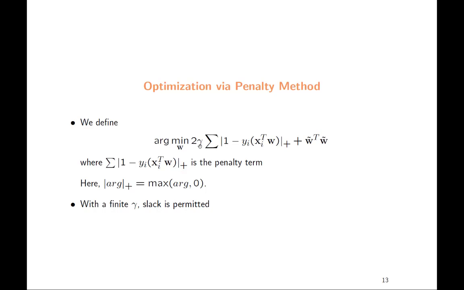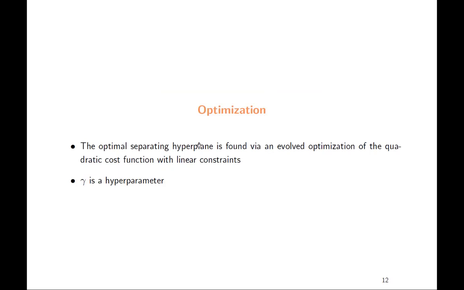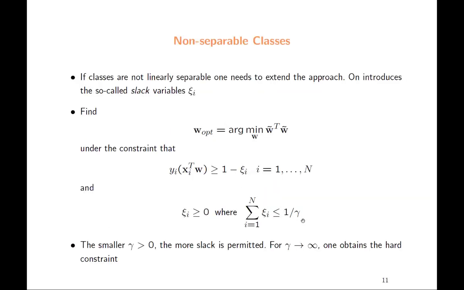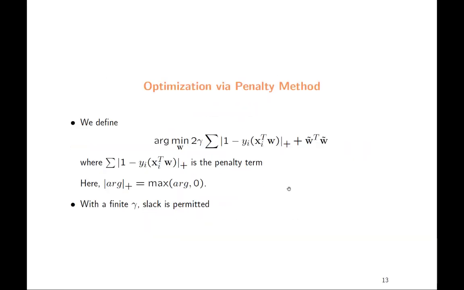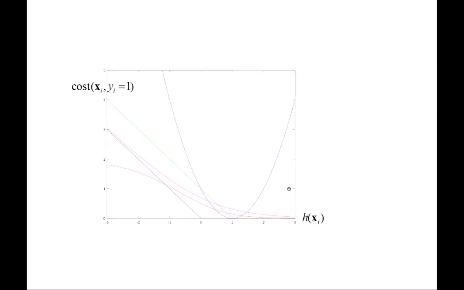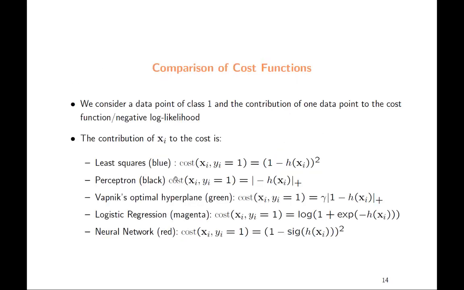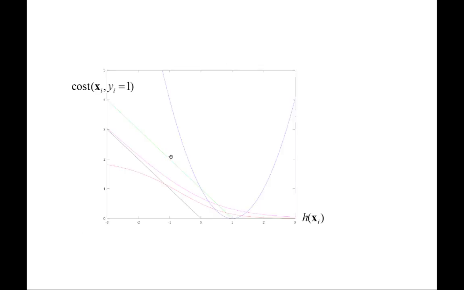If we make it smaller, we allow more slack, because remember gamma was here. If gamma is large, then the sum must be small. Then we compare the different cost function terms for the different approaches, and we see the support vector machine one is here, goes with the slack variables, and increases linearly, and this increases more steeply when gamma becomes larger, and then here it doesn't have the cost function at all.